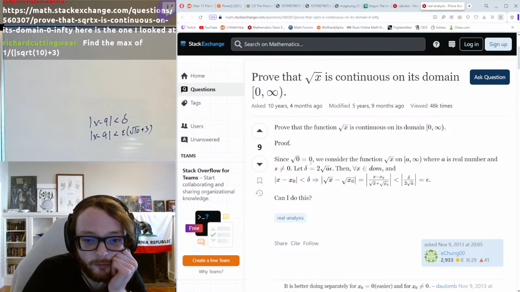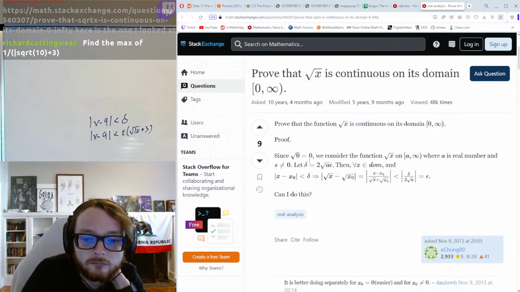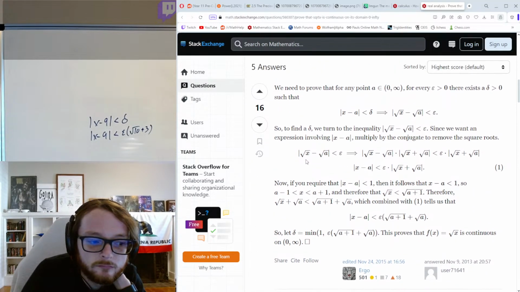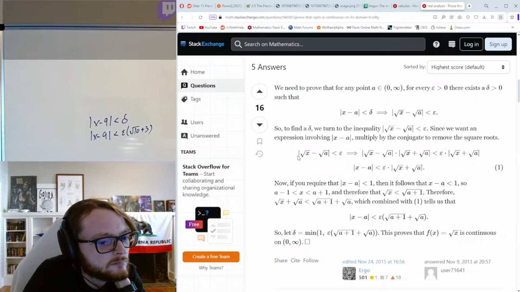Continuity. I mean, I guess that works too. Find the max of 1 over that?